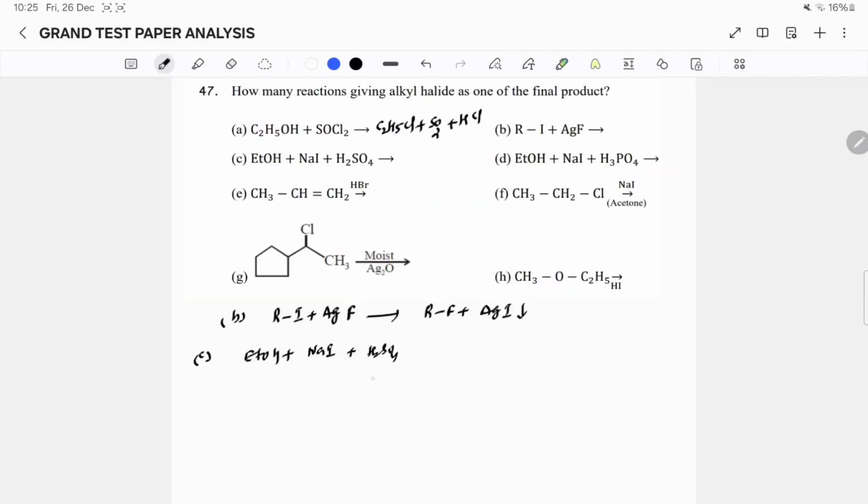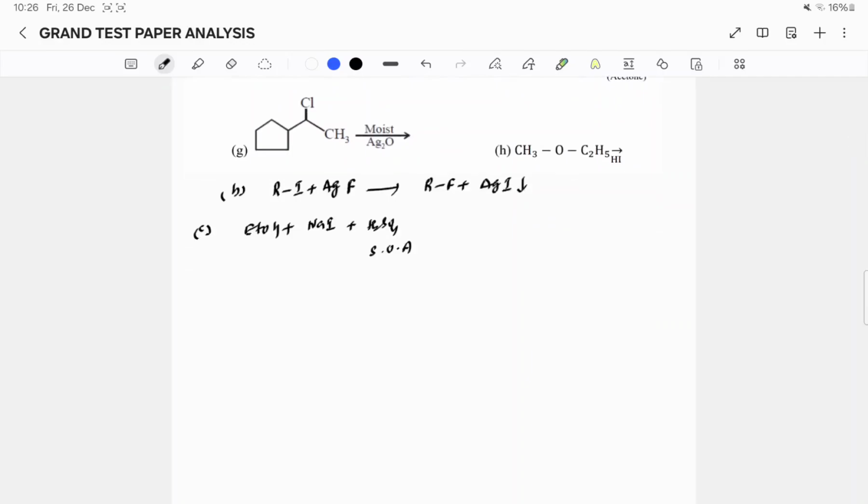The I minus reacts with H2SO4 and is converted into I2, with the byproducts SO2 plus 2H2O. Generally it may form ethyl iodide, but it is a very poor yield.